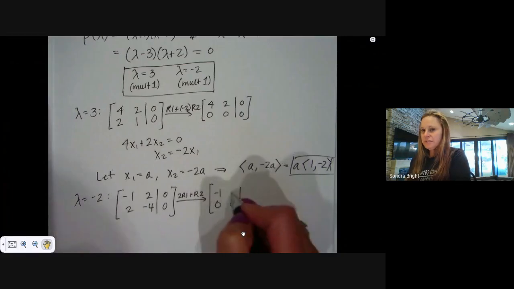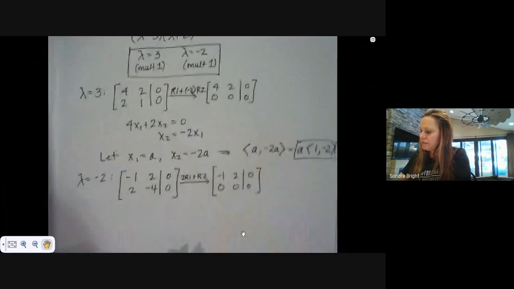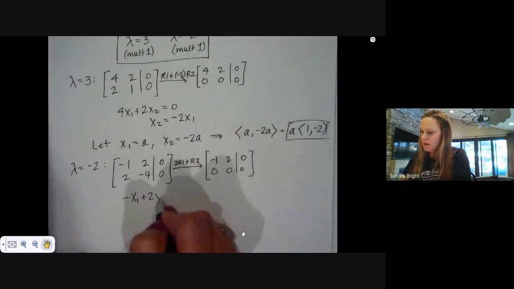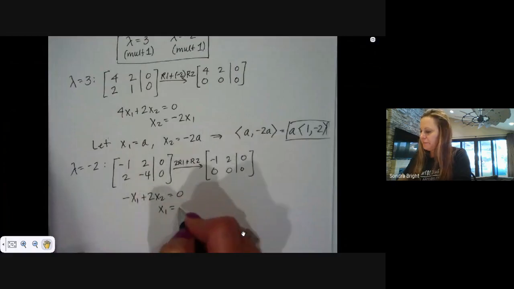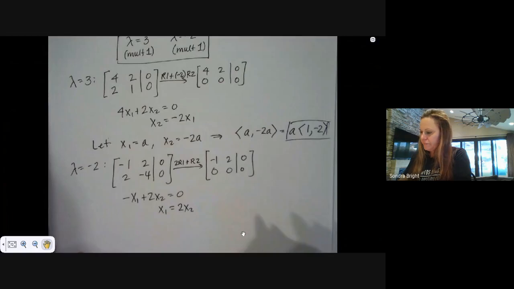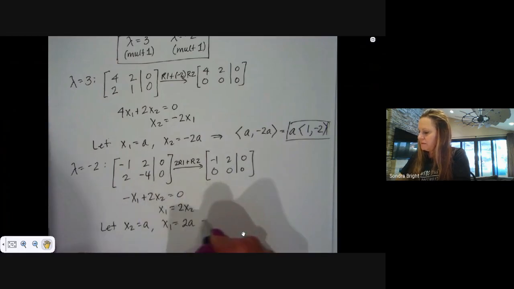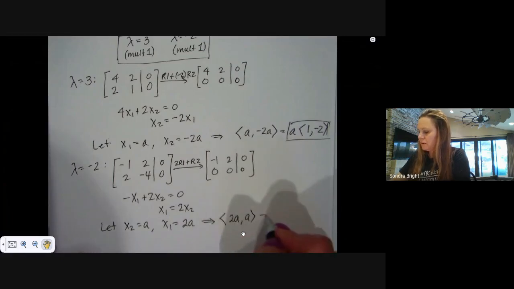So that top row says -x1 plus 2x2 equals 0, which means that x1 will equal 2x2. This time I'll let x2 equal a. So then x1 will equal 2a. And that'll give me (2a, a), which means it's a times (2, 1).